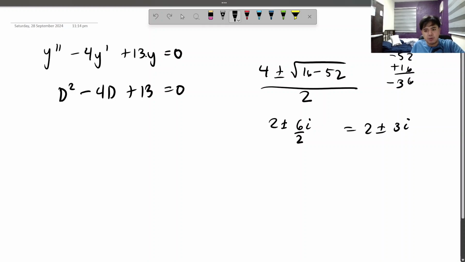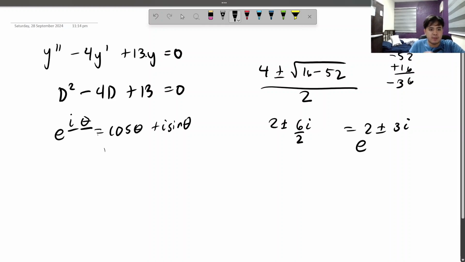So this is going to be the root, but how are you going to implement it? Is it just e to the 2 plus 3i? Well, not really. Because of a little known fact called Euler's formula, another Euler reference, e to the i theta is cosine theta plus i sine theta. And we can exploit this to our fact here because we are raising e to a complex number which has an imaginary number in it.